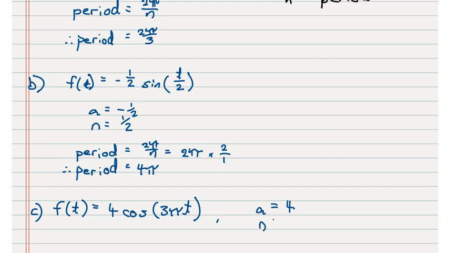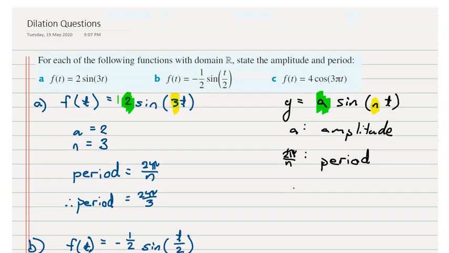Our n is 3 pi, which means that our period is 2 pi divided by 3 pi, so the period equals 2/3. So that is how we would calculate the amplitude and the period for these trigonometric functions.